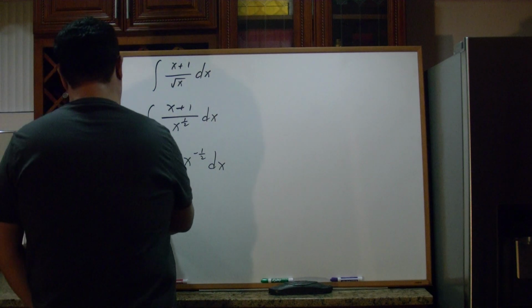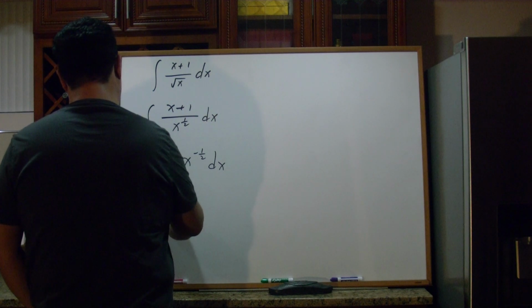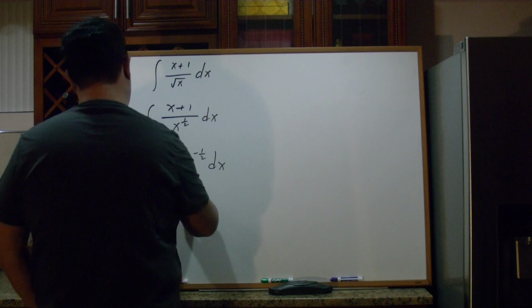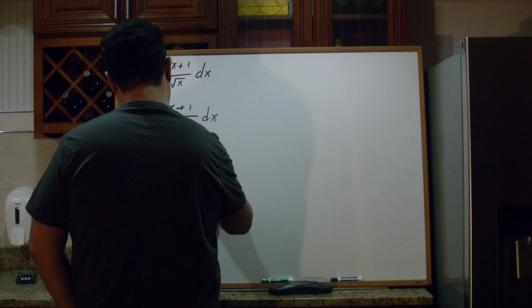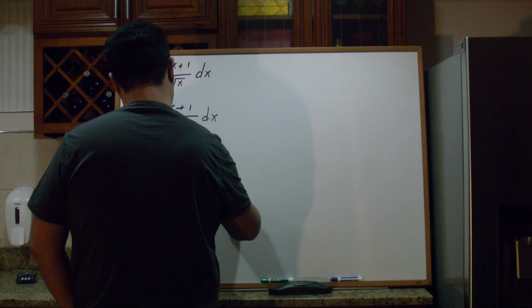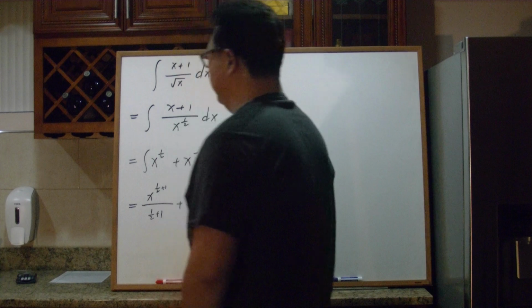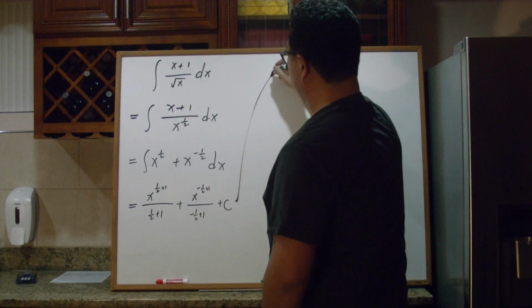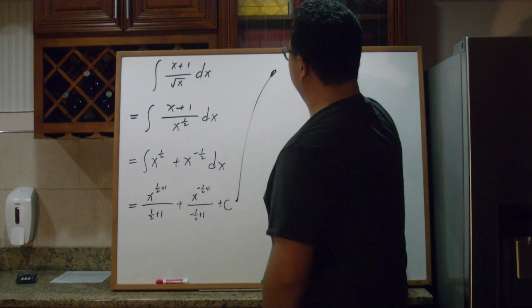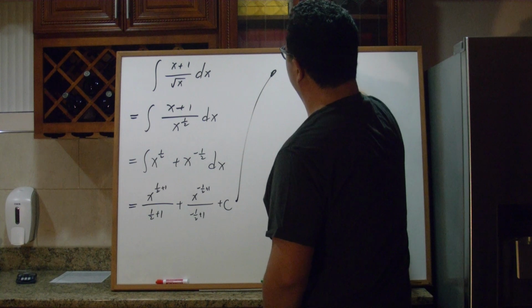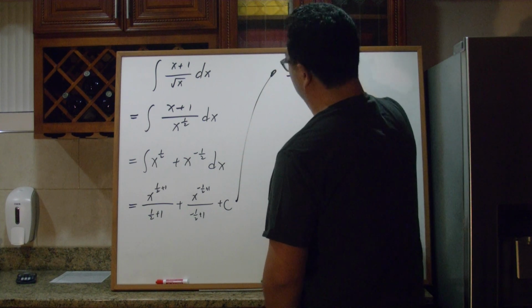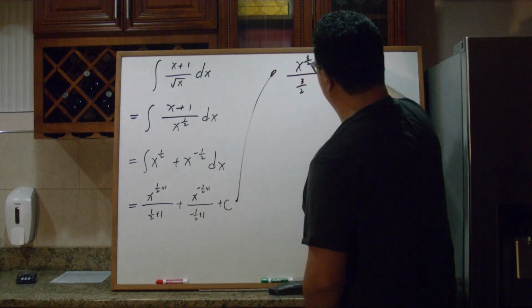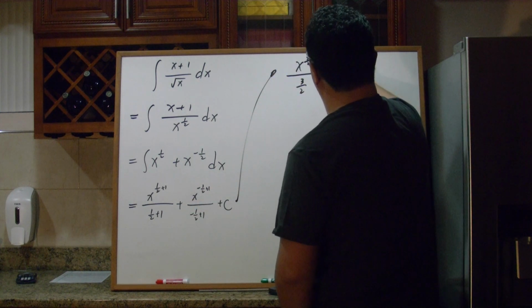Then apply the power rule. That is 1/2 plus 1 as the power. The other term has negative 1/2 plus 1 as the power. Plus a new constant. Then to simplify, we get x to the 3/2 over 3/2, and x to the 1/2 over 1/2.